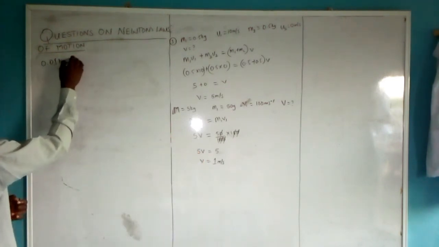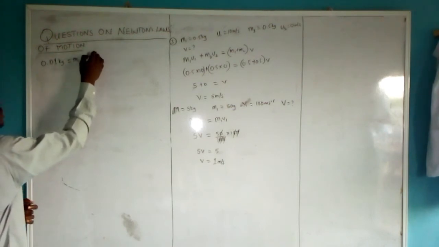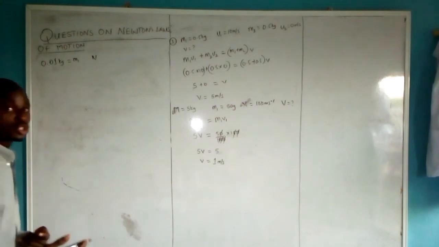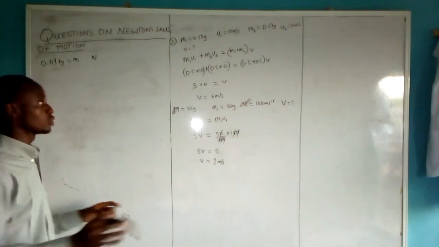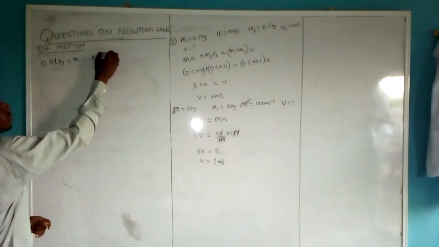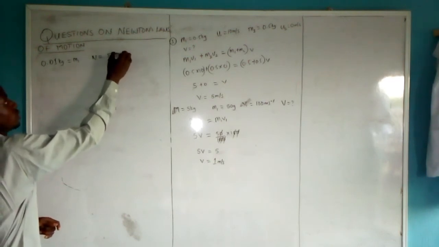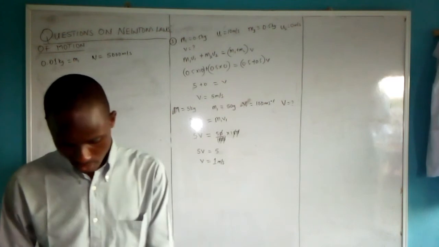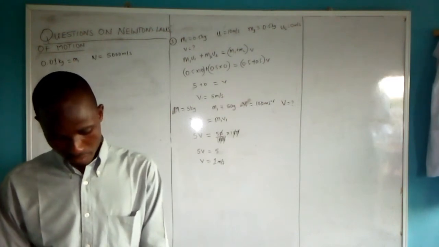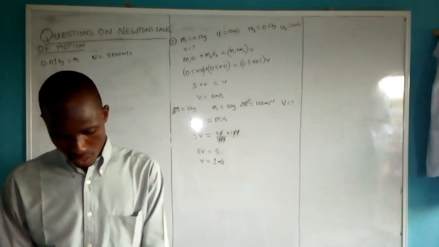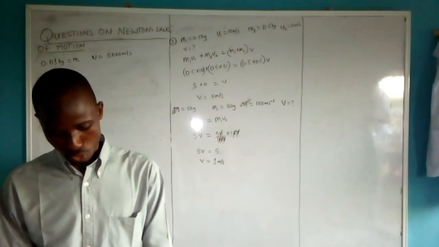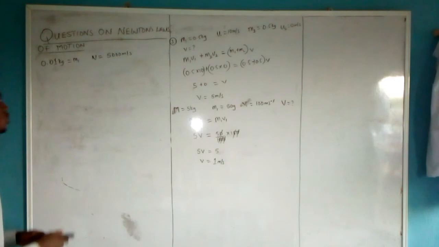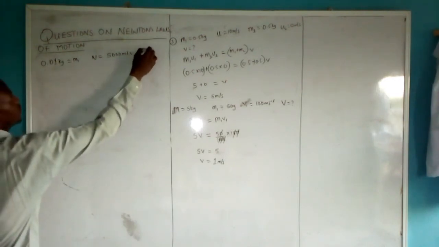So let that be equal to m1. After the combustion of the fuel, there is ejection of gas, whose speed is about 5,000 meters per second. With this velocity, what force does the gas exert on the rocket? So we're looking for F.